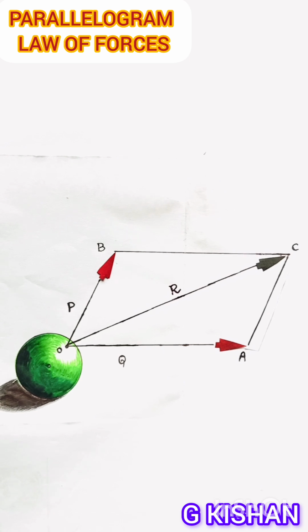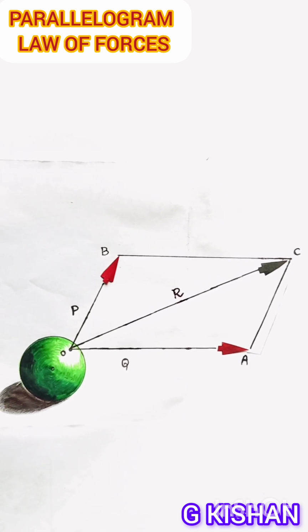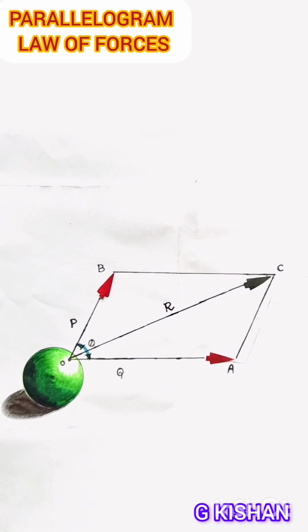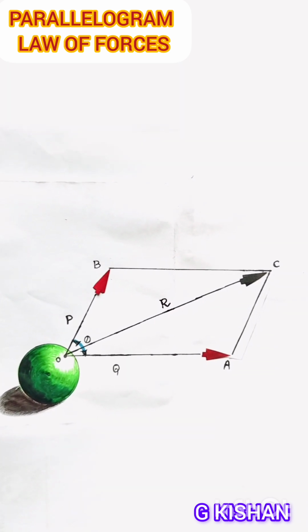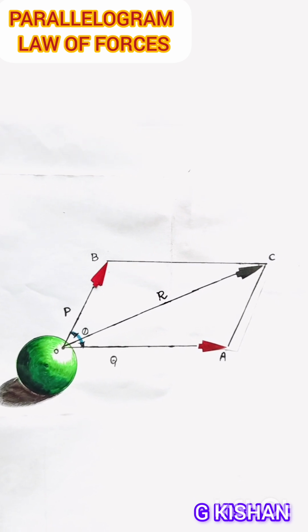Considering the angle between the two forces P and Q as theta, within parallelogram OACB, OB is parallel to AC and also OA is parallel to BC.